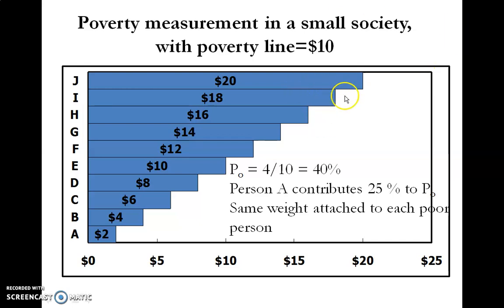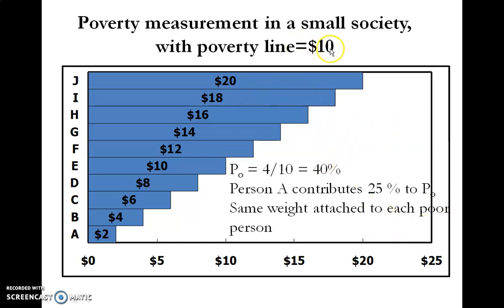So if you wanted to calculate P0, which is your headcount poverty ratio, you know what the formula for that is. Go back to your previous slides. Well, you should come up with an answer that this society has a headcount poverty ratio of 40%. Okay? And how did you get to that particular answer?